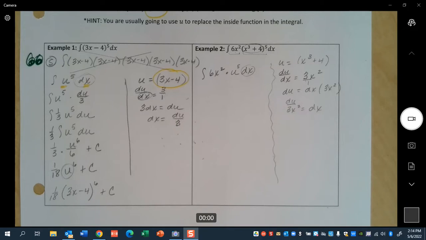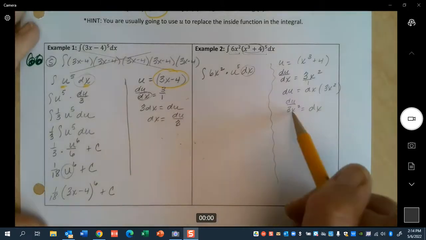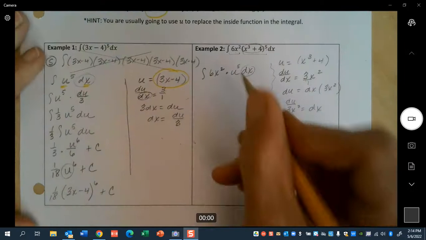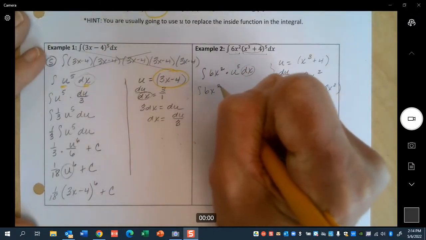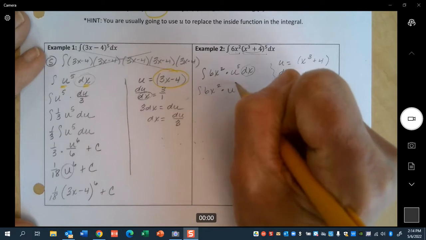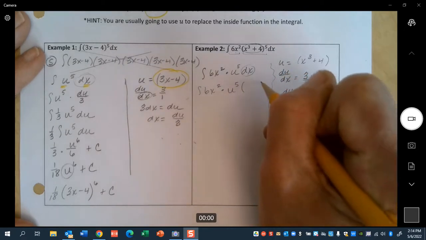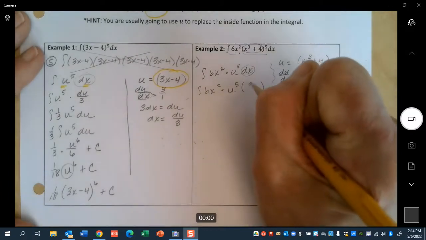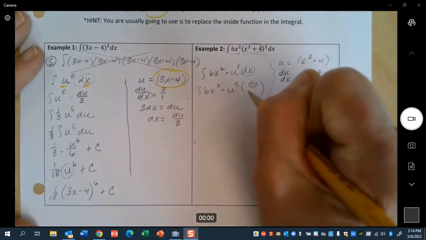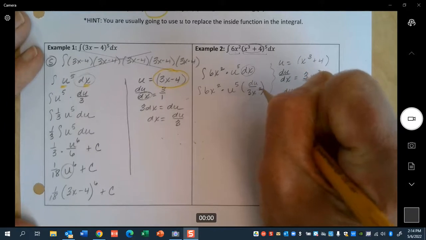See how that's happened twice so far? And pay attention to those values that end up in the denominator, because these values that end up in the denominator are what end up making this part of your equation simplify and cancel out. Because instead of writing dx, I'm going to write du over 3x squared.